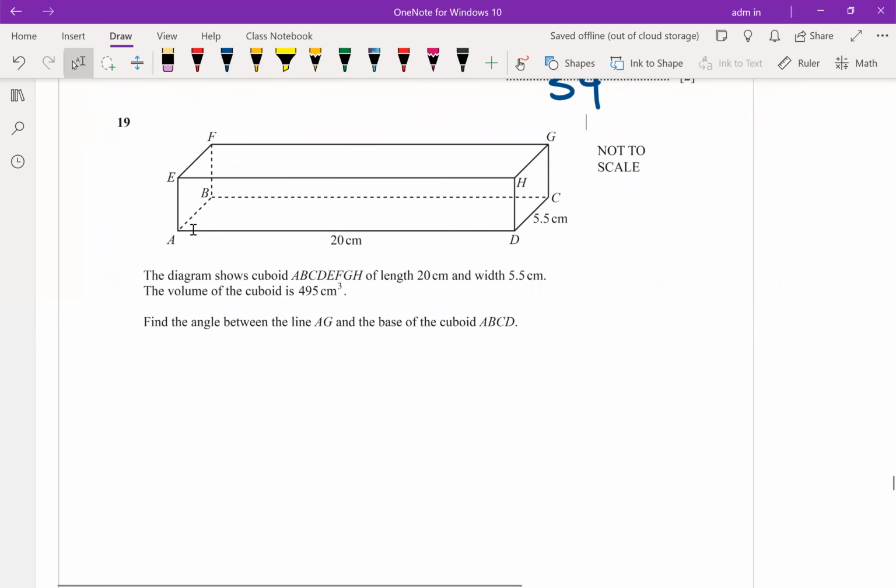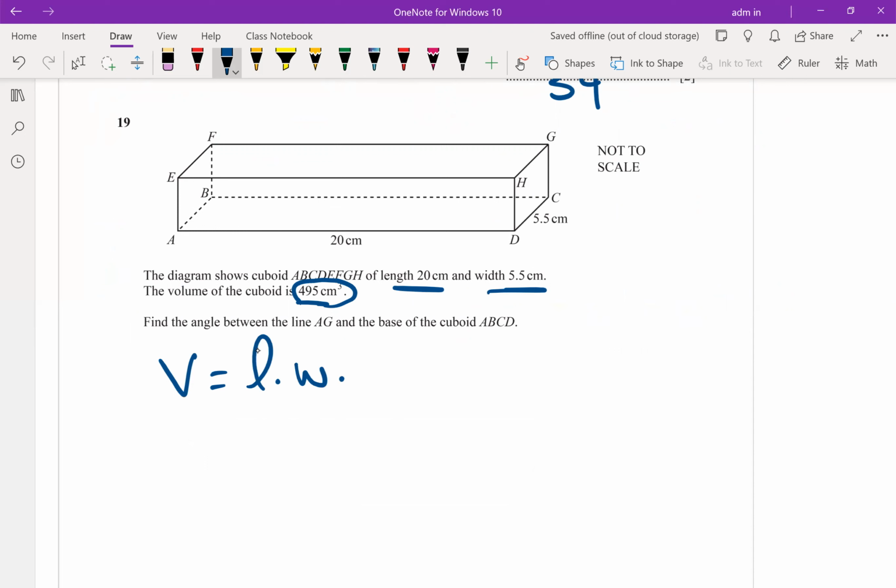Question number 19. We have a cuboid. Its volume is given, length given, width given. How to use the volume to get the height? The volume of a cuboid equals length by width by height. 495 equals 20 times 5.5 times height.